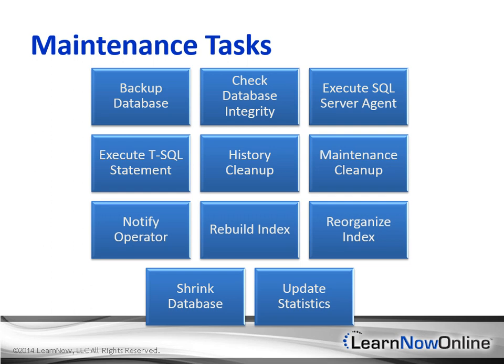Then the Check Database Integrity task runs an integrity check on all of the objects in one or more SQL Server databases and then reports back to you the results of that check. You can also execute SQL Server Agent jobs. And you can also clean up history. This cleans up the backup and restore history that's contained in the MSDB system database on a SQL Server instance. There's also a Maintenance Cleanup task, which removes old maintenance plan items created by maintenance plans, things like text file reports.